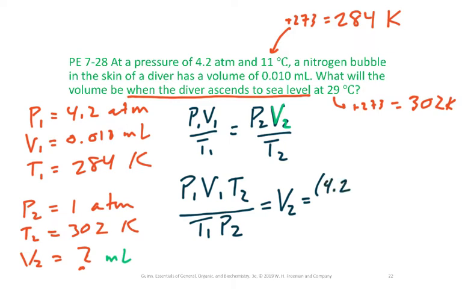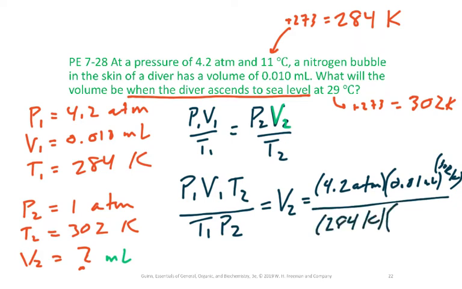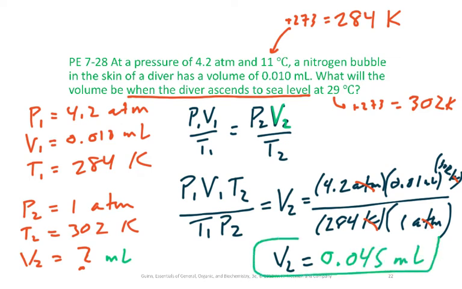So 4.2 atmospheres, 0.01 milliliter, 302 K, T1 is 284 K, and P2 is 1. And we can see atmospheres cancels, Kelvin cancels, and we're left with milliliters, and we should get 0.045 milliliters. So the volume went up.